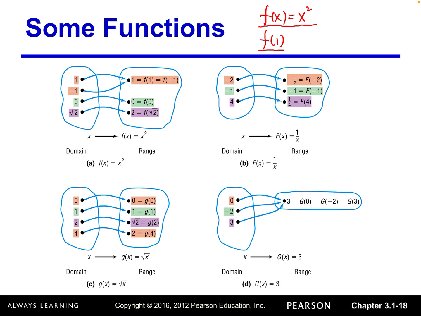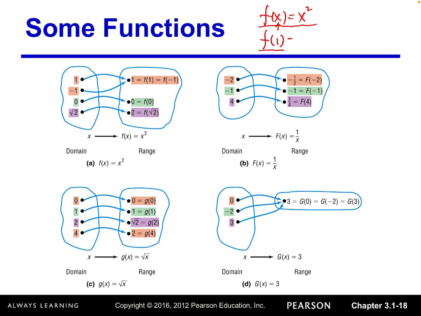What f of 1 means is evaluate the function f of x at x equals 1, or evaluate the function f of x at 1. In other words, you need to plug in the value of x by 1, or whatever is enclosed in the parentheses.